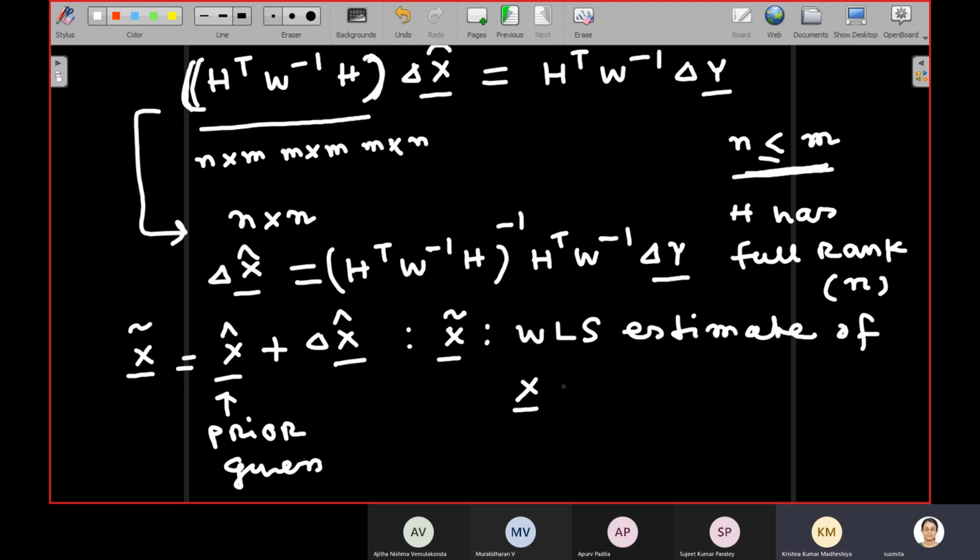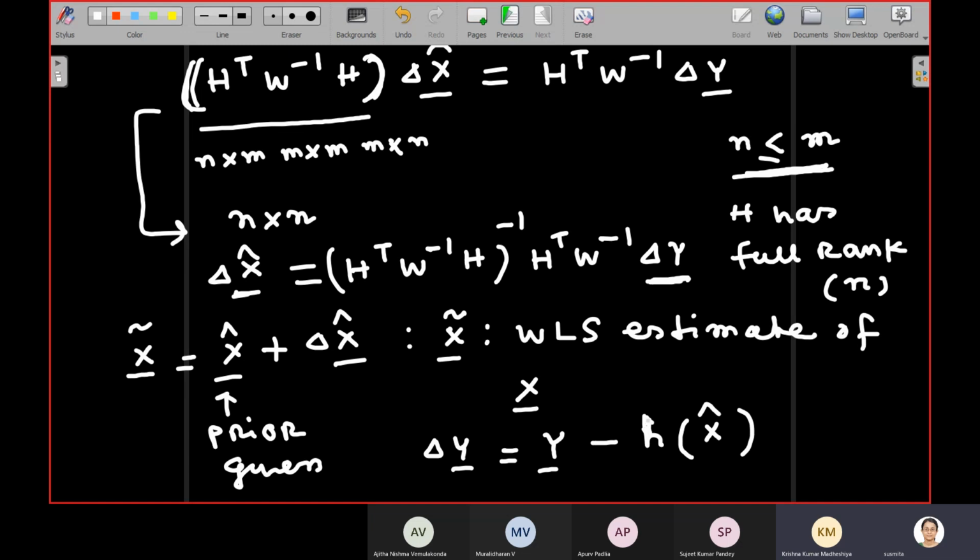Now, if you notice the expression of this one carefully, you will see that this delta x hat is actually a linear function of delta y or y. So in place of delta y, we can always write y, right? We know that delta y is equal to y minus h of x hat.